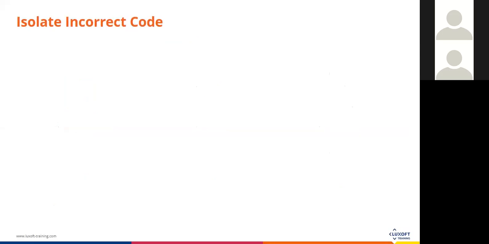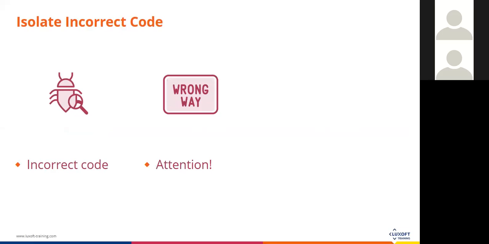Among the benefits that TDD provides, we say that it isolates the incorrect code. What does it mean? If something goes wrong, you will detect it much, much faster than by doing manual testing, where you do not know when you are going to do it, and you do not know how much time it will require from your side.